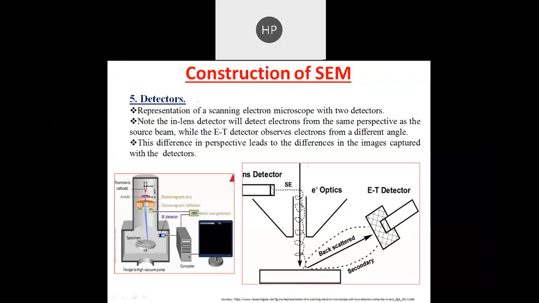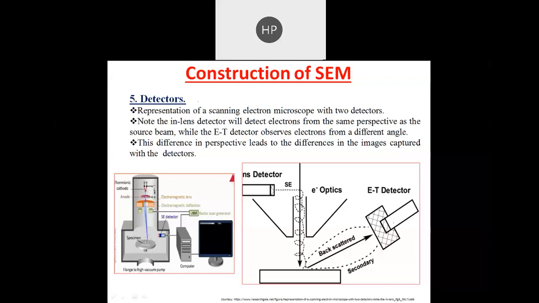This is the inline detector because the electron beams are coming through this line, and on that same line we have some back electrons, and those will be detected. So that is the inline detector, while this is the ET detector, where the backscatter and secondary electrons will be detected.